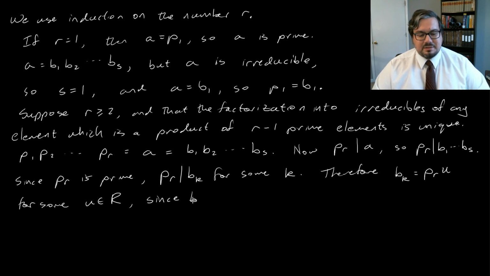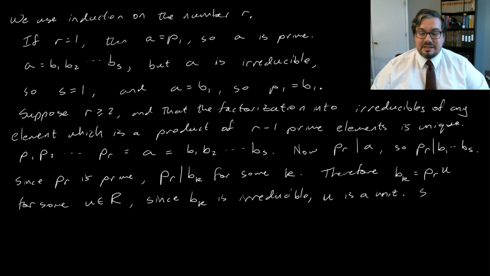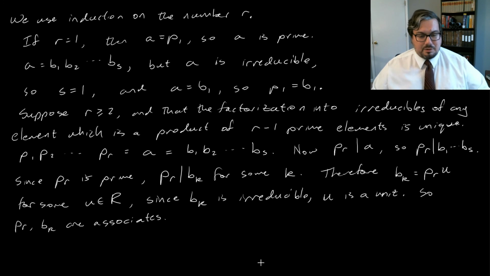So since BK is irreducible, we have that U is a unit, because PR is certainly not a unit. So in particular, this means that PR and BK are associates, which is good for us. It gets us partway there.